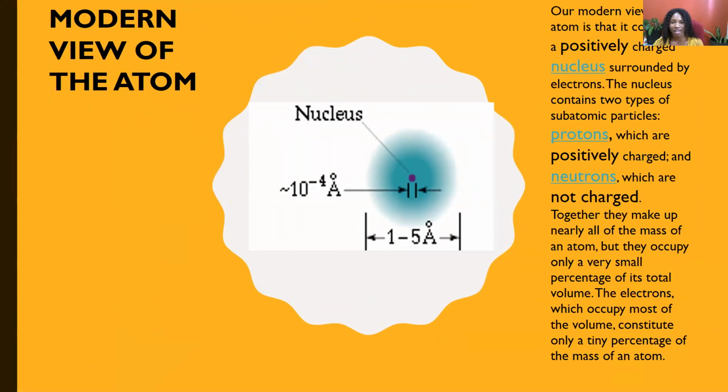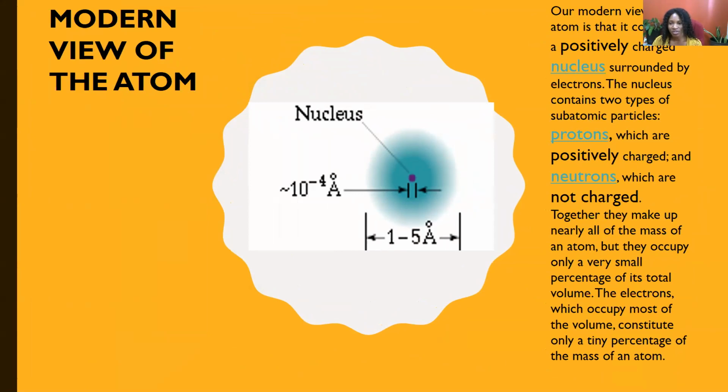All right, so now that we have had all of these scientists putting their views together, we're going to use those to put together what we now view as the modern structure of the atom. Our modern view of the atom is that it consists of a positively charged nucleus surrounded by electrons.